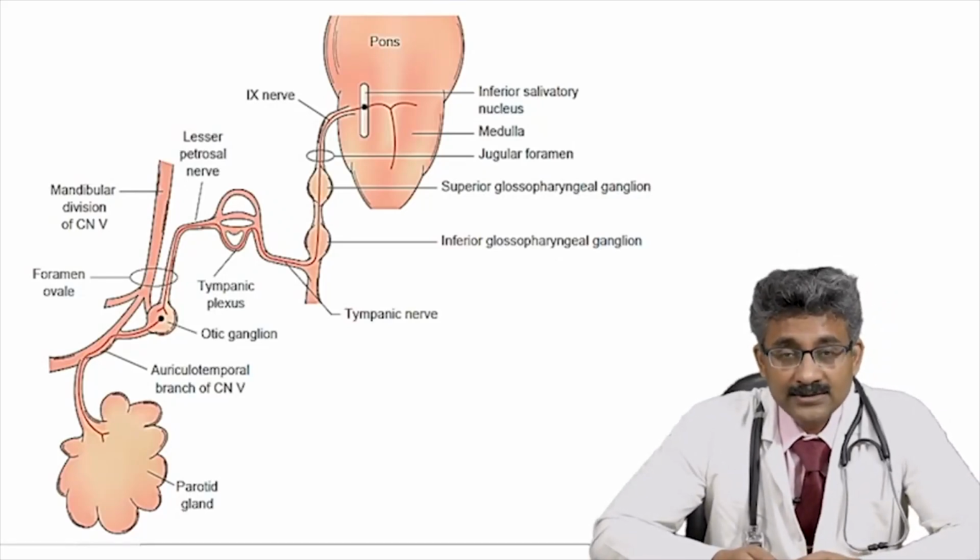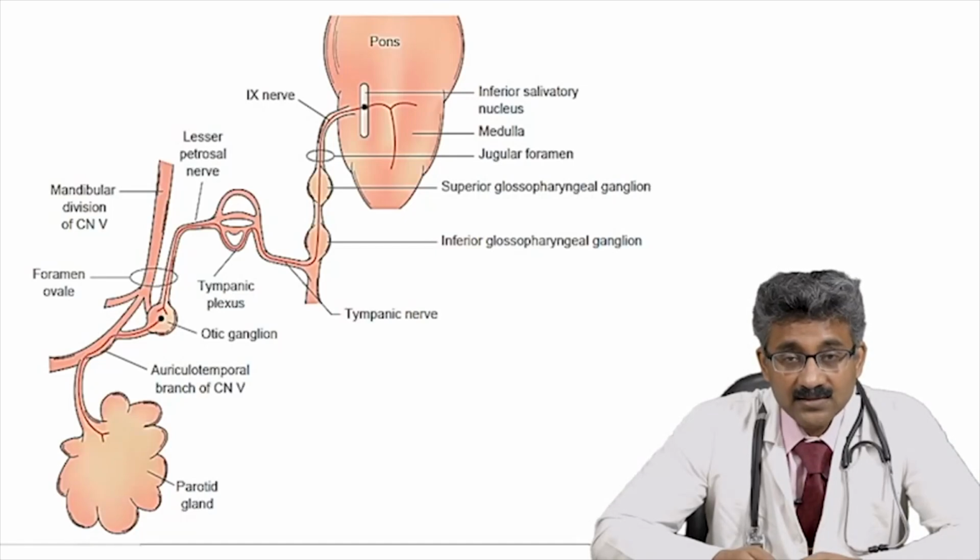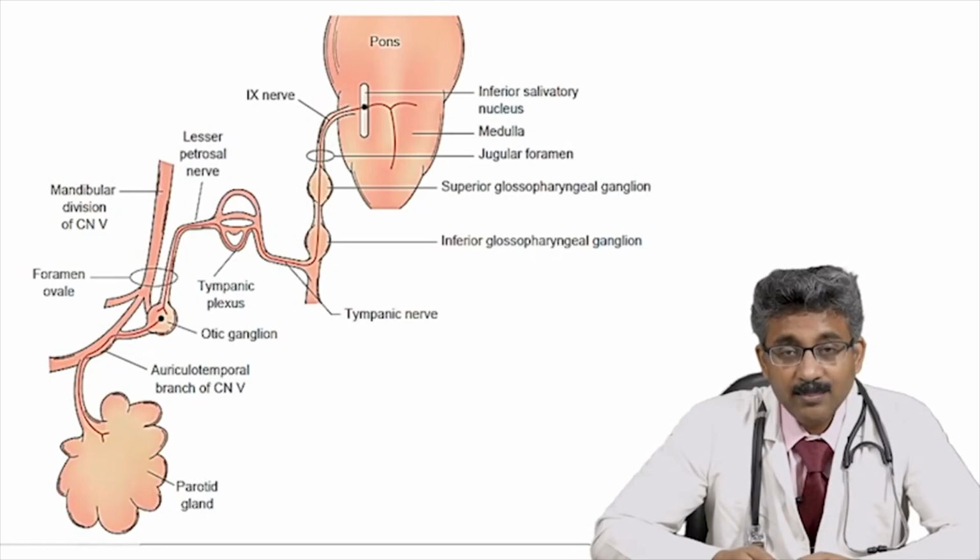The pure sensory cranial nerves are the 1st, 2nd and 8th. The mixed ones are the 5th, 7th, 9th and 10th.